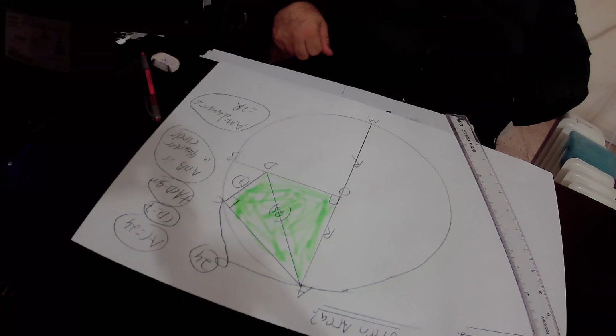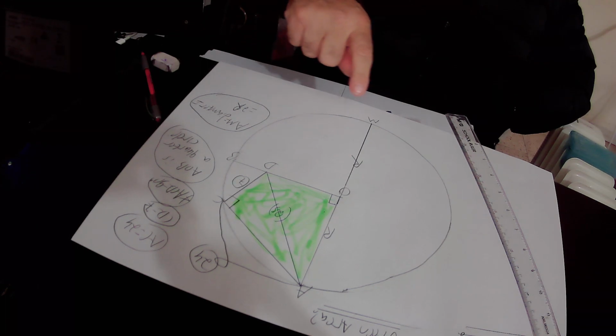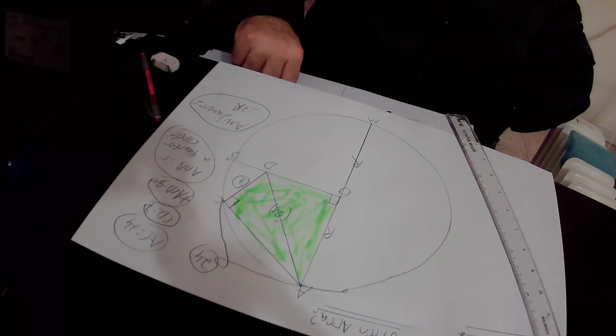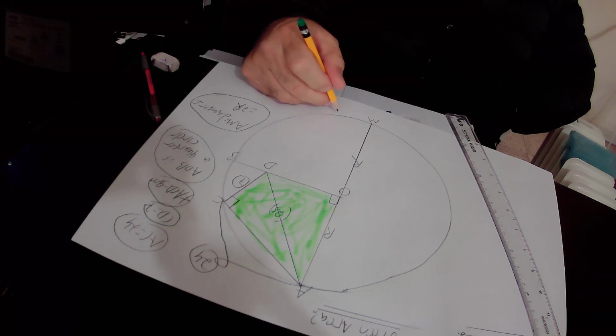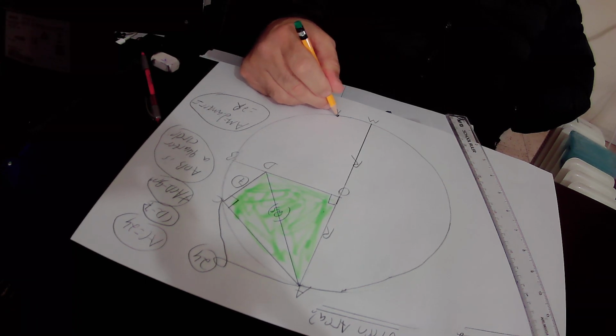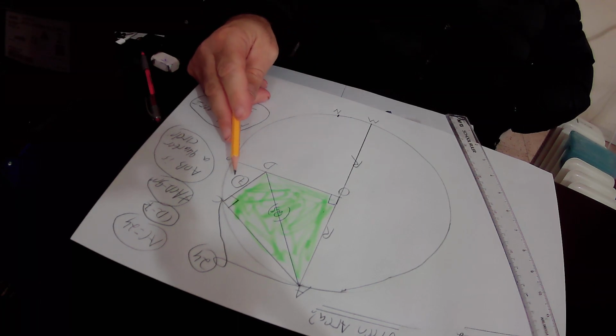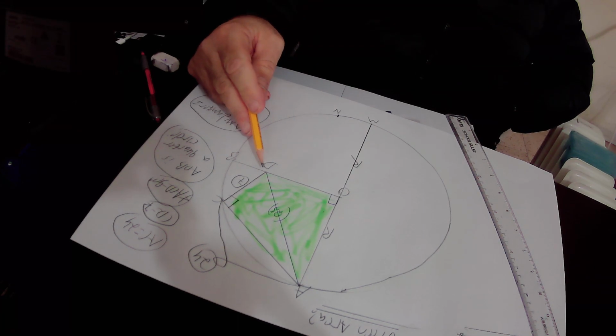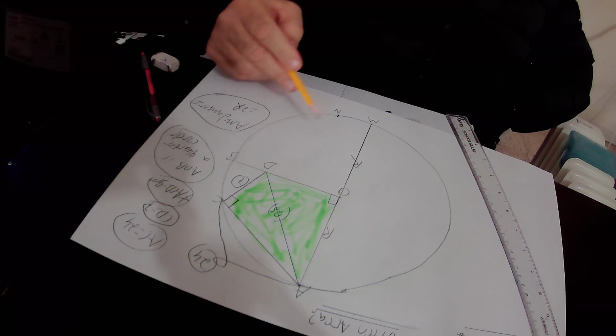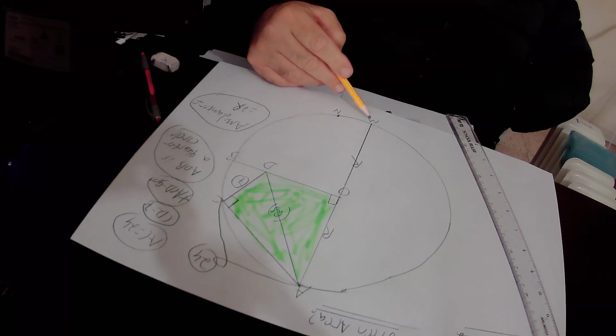So we will assume that the extended side CD will not touch the circle exactly at point M, but at another point. It's actually this point, point N. Again, we assume that the extended side CD will touch the circle at point N and not at point M.